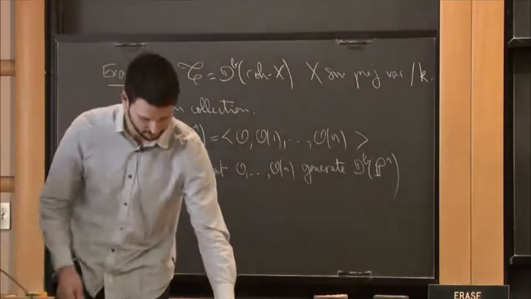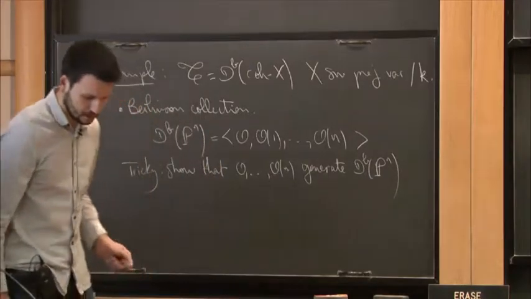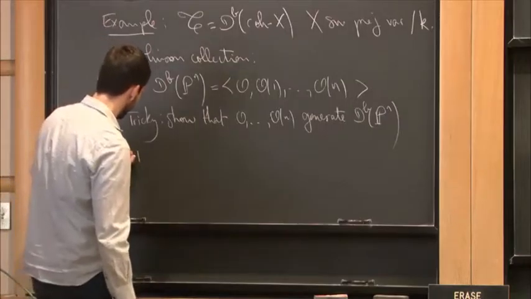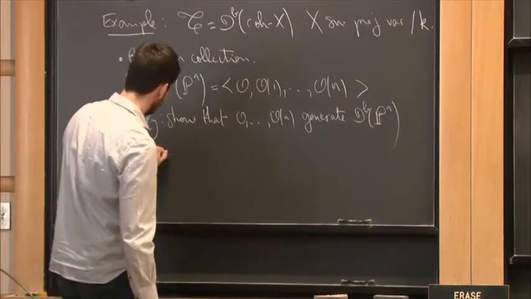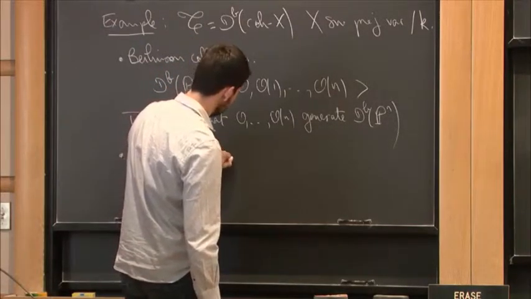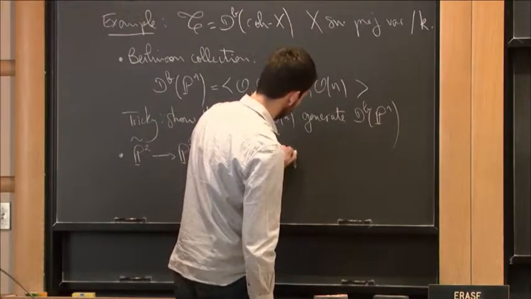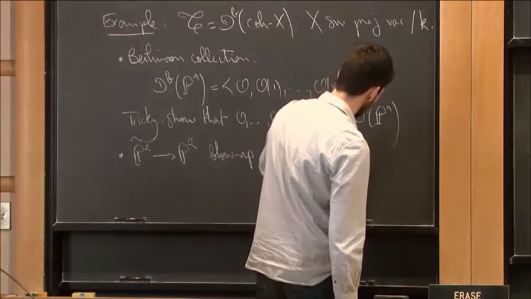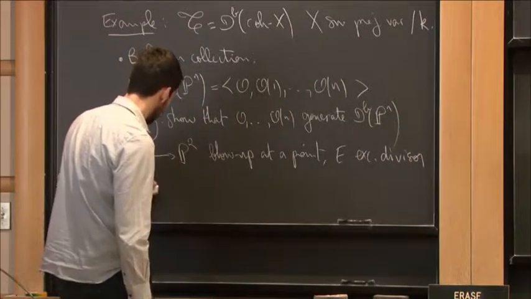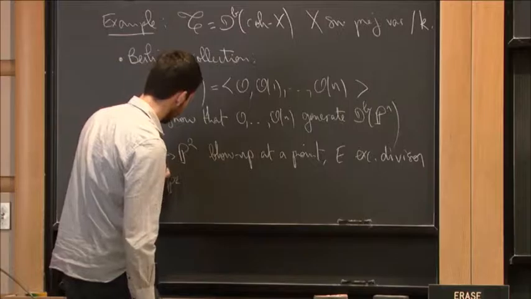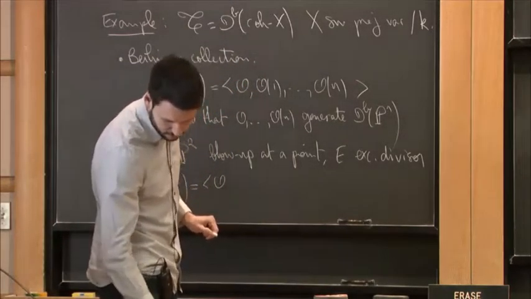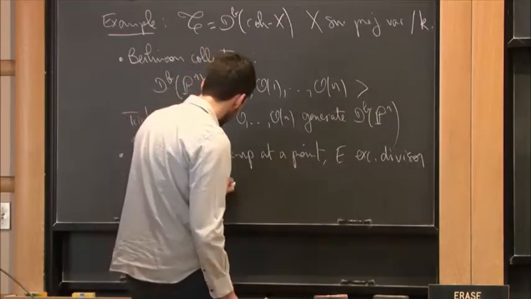Okay, so I won't get into the details. So let me give another few examples. So now if you take P2 blown up at a point, and E the exceptional divisor, then in that case, dB of P2 blown up is just ⟨O(-E), O, O(1), O(2)⟩, I can never remember.